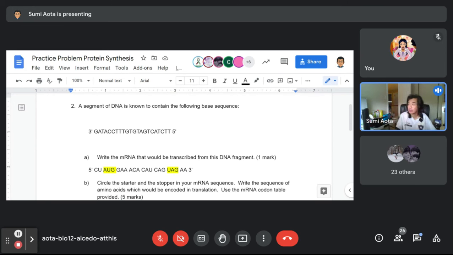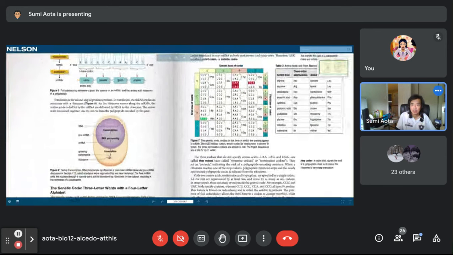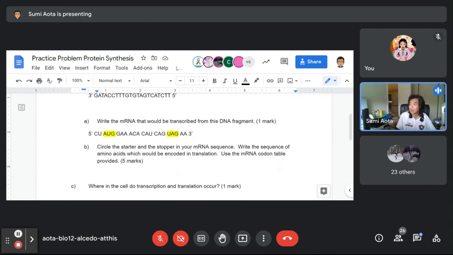Now all I need to do is write the sequence of amino acids. So all I'm going to do is use the codon table here, and figure out what each of these codes represents, and I could write right underneath it the names of the amino acids.